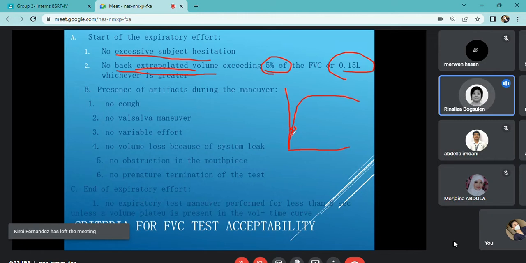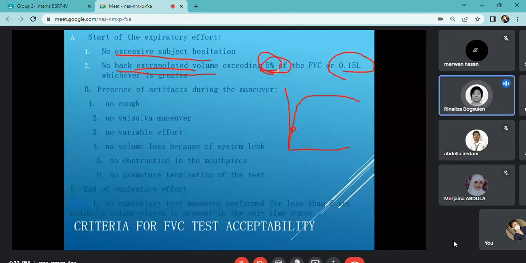So kung nag-hesitate si pasyente sa pag-exhale during your first exhalation, makikita mo masyadong malaki ito. This one is what you call as your back extrapolated volume. You will see that it exceeds now 5% of your FVC, or the value is 150 ml. Kung i-convert natin ito, kasi paano mo i-measure yun? 2.5. So, para mas madali, 150 ml.